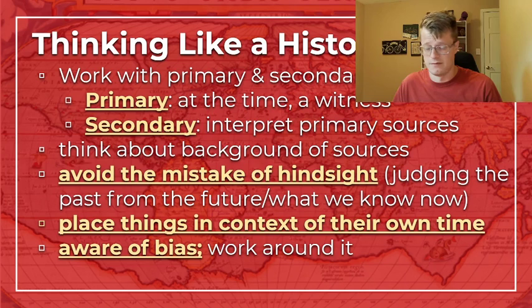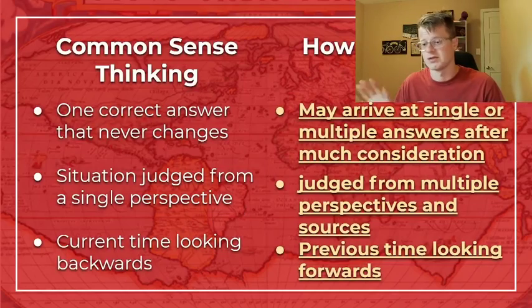Now, notice I did not say we try to get rid of all of our biases. That's simply impossible. Everybody carries bias with them. We try to be aware of what those lenses are, and we try to give a voice and a perspective to the people we are studying, even if we disagree or agree with it or however we feel about it.